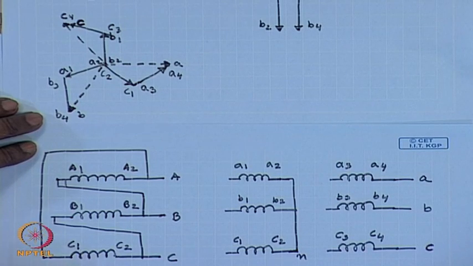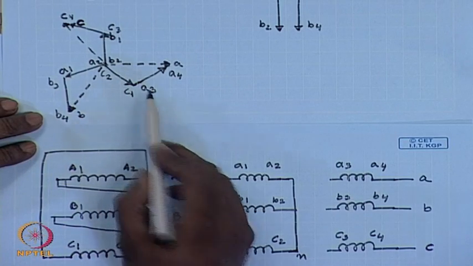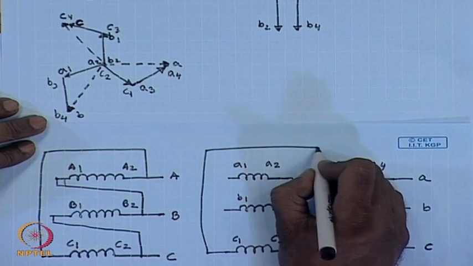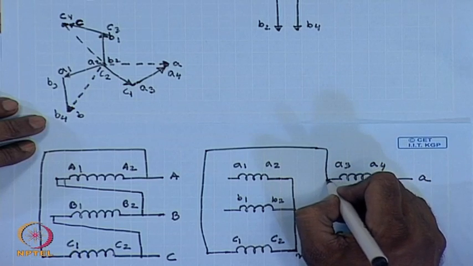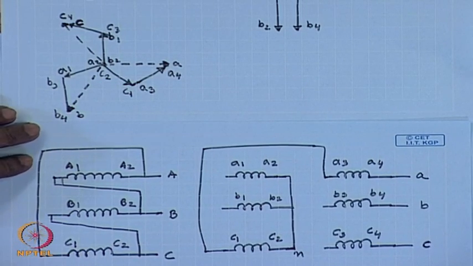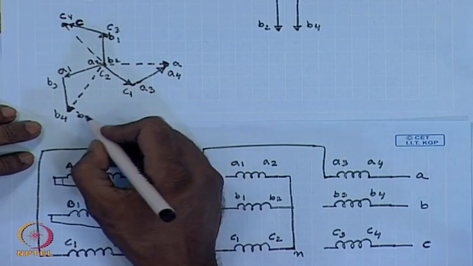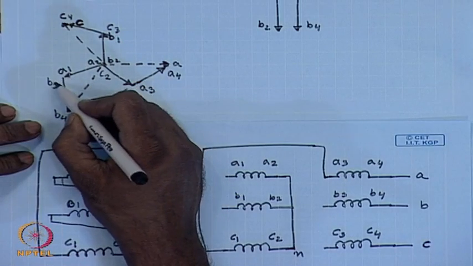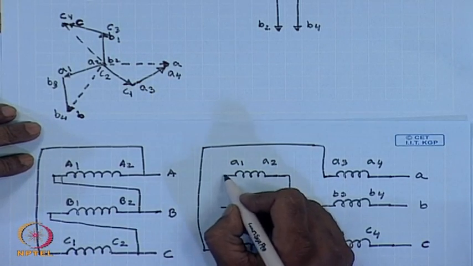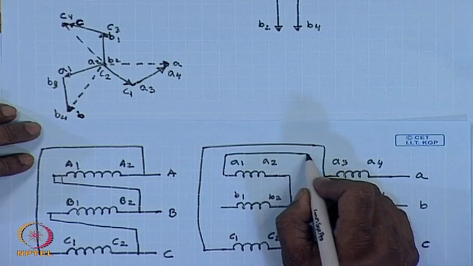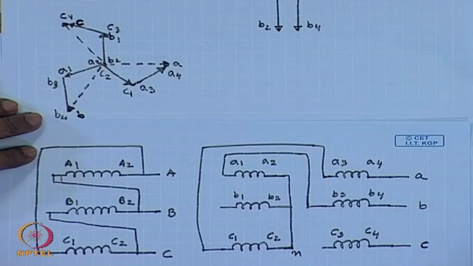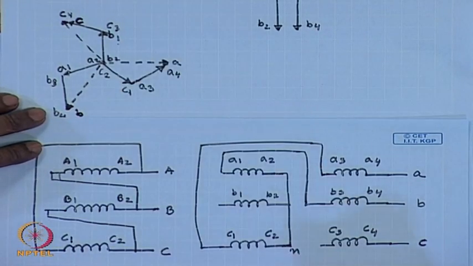Inside we find that C1 should be connected to A3. Similarly, A1 should be connected to B3, and B1 should be connected to C3.